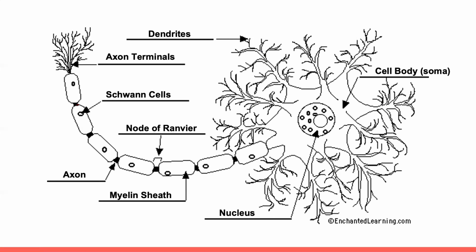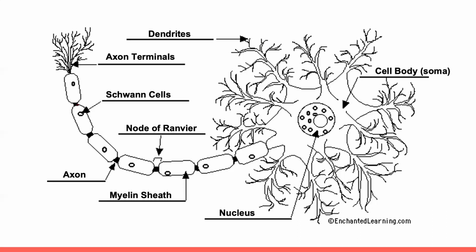Starting from the right and moving to the left, you have the cell body, which is the soma. That's, I would think, the most obvious one, the center of the neuron. It's where all of the intracellular components are, like the proteins and structures like ribosomes.